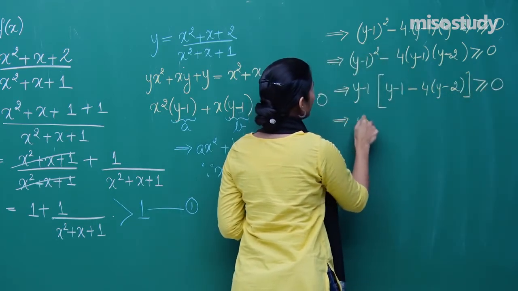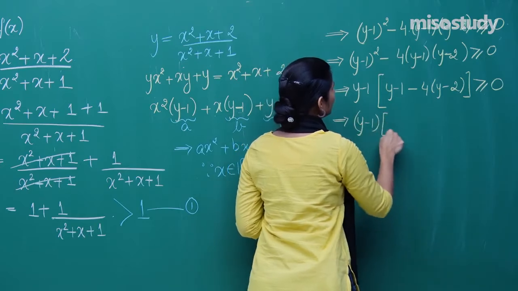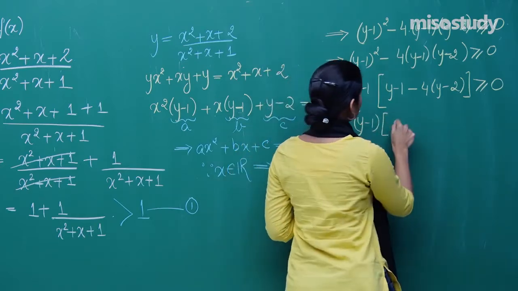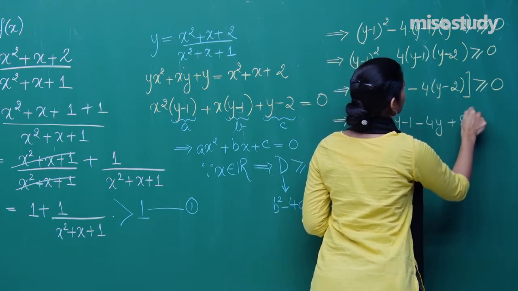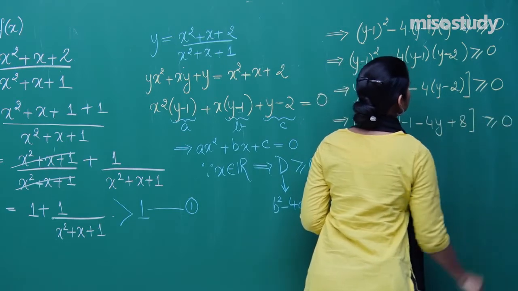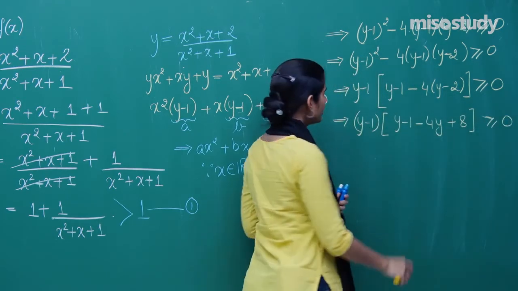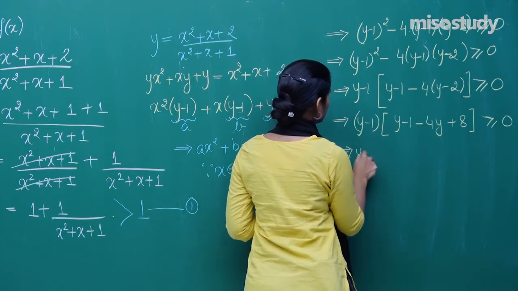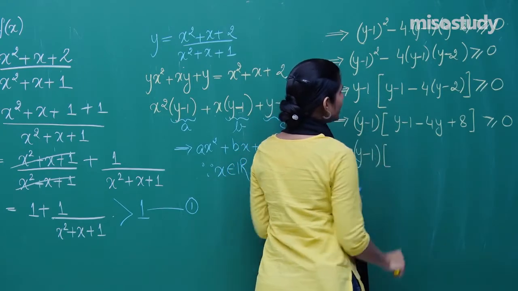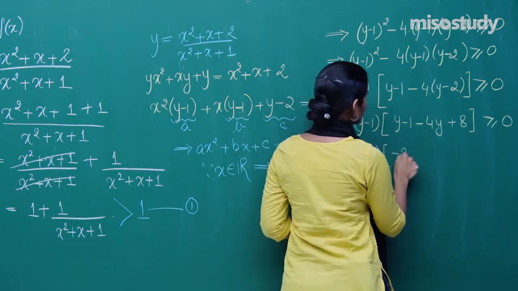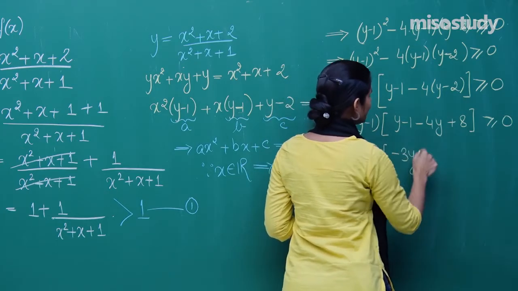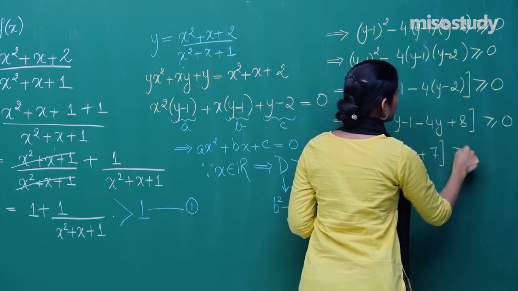This implies you have, inside this bracket, y minus 1 minus 4y plus 8. That is what you have. This means you have y minus 1, inside it you have y minus 4y, which makes it minus 3y, and 8 minus 1, which makes it 7.